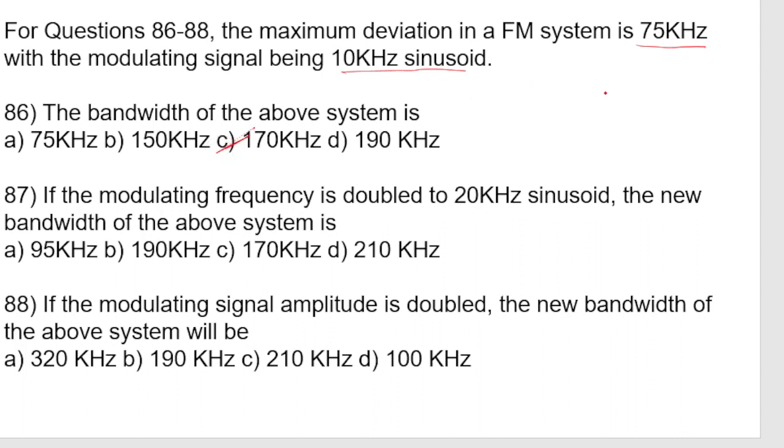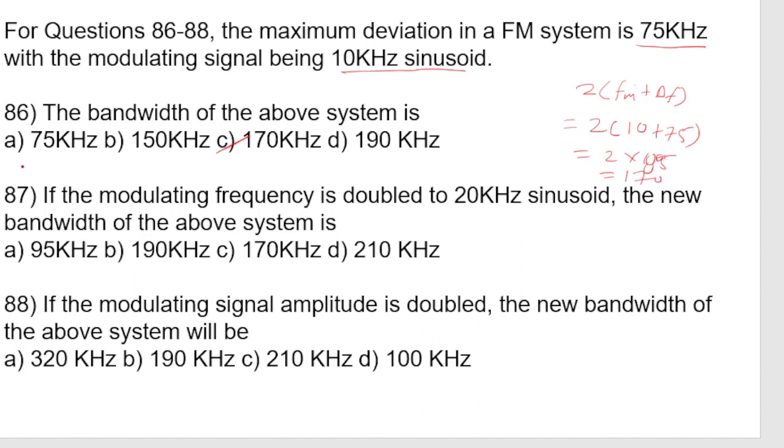Okay, so it has twice of fm plus delta f. So we will put 2 times 10 plus 75, so 2 into 85, so it becomes 170.